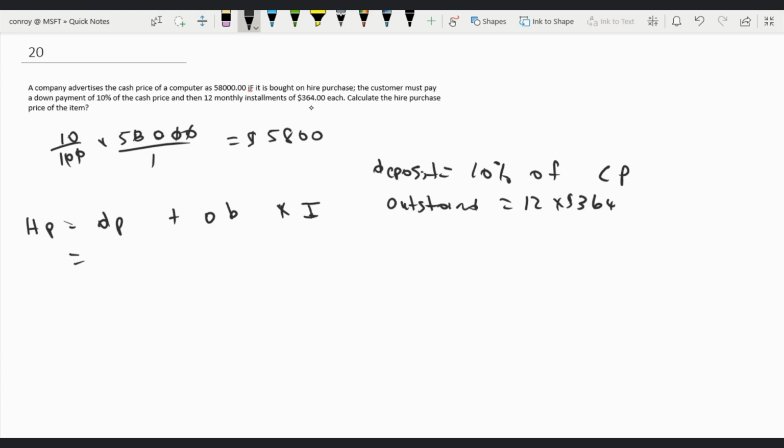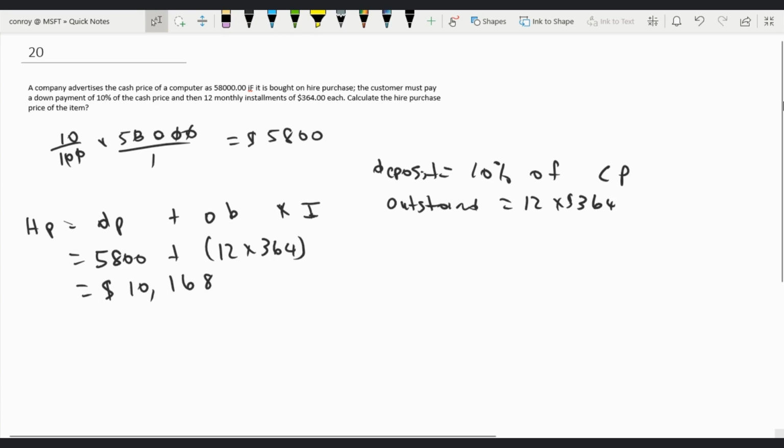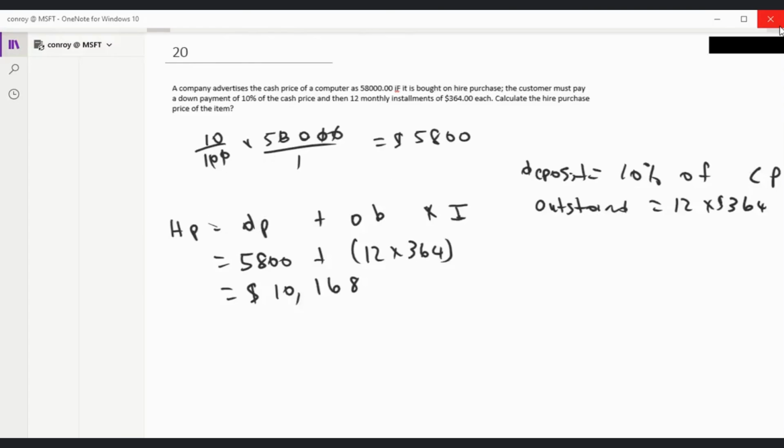So we calculated our deposit, which would be 5,800, plus our outstanding balance, which is equal to 12 times 364. That now is equal to $10,168. That would be our hire purchase price.